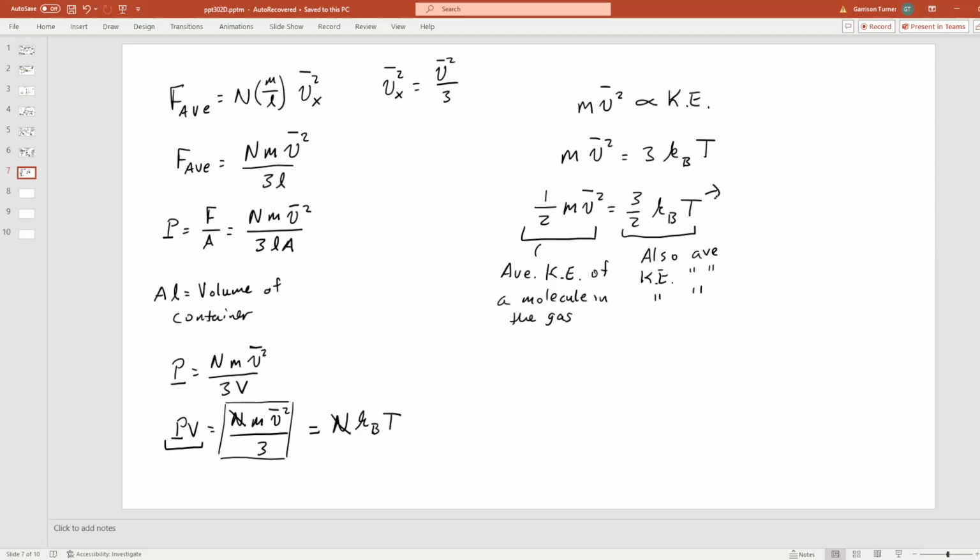Well, what you're measuring in one sense is related to the average kinetic energy of a molecule in your gas. So, if I claim that this is your average kinetic energy, then we can immediately state what temperature is.